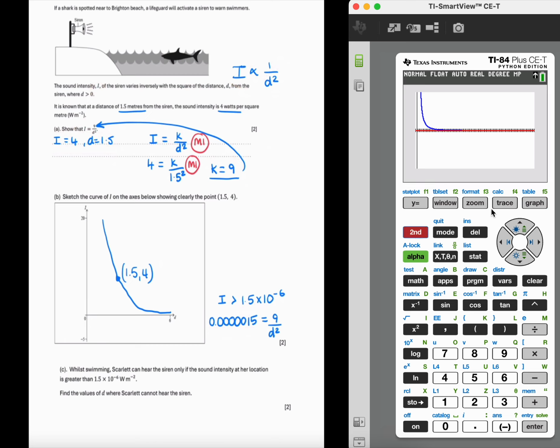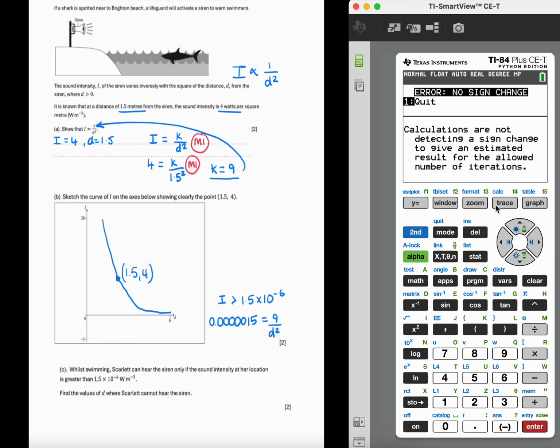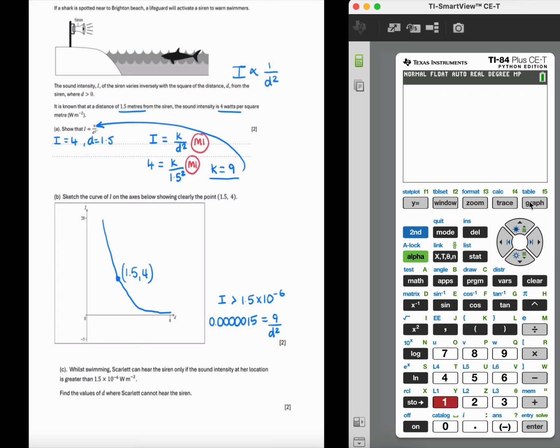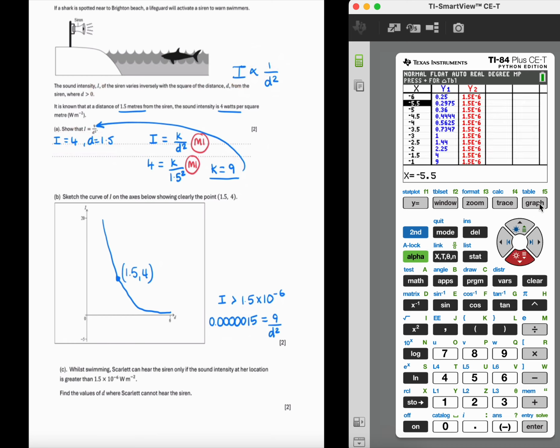So let's see if we can find where the value is here. So the intersection, let's try somewhere around here. Still, there's no solution. What I could do is go into the table of values, and we can see we've got to go much, much bigger.